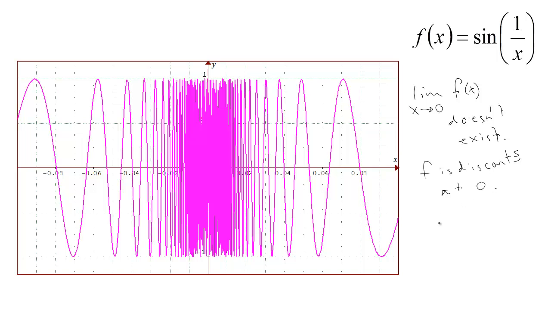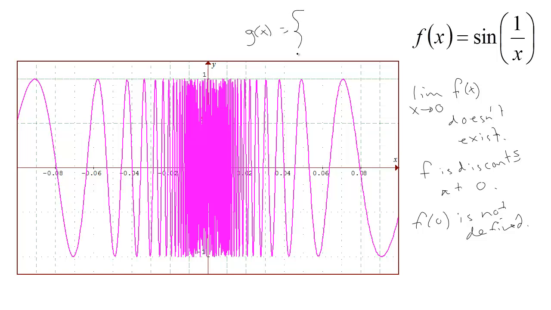Actually, I guess this function has another problem, and that's that f of 0 is not defined. But in this case, we can't fix that problem. Last time with the sine x over x, we just adjusted the function a little bit or gave it a value at 0.